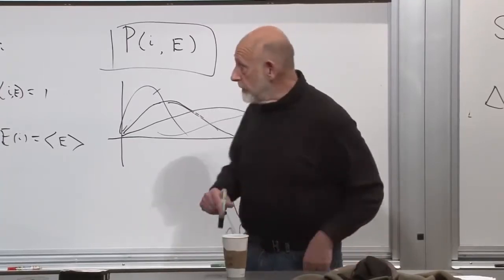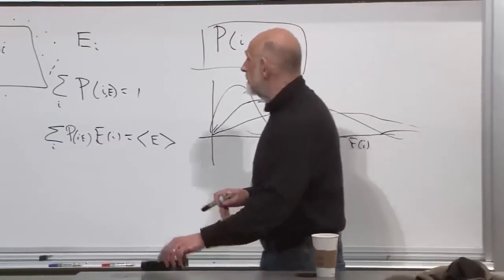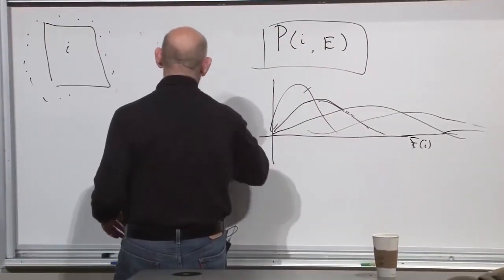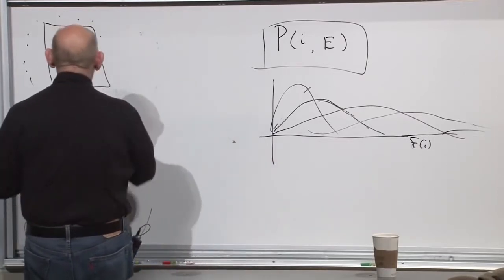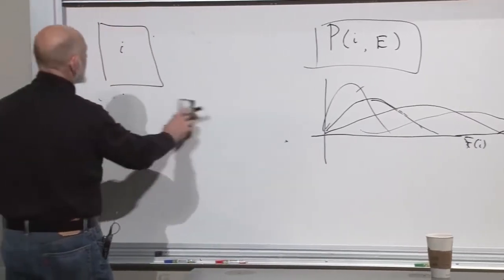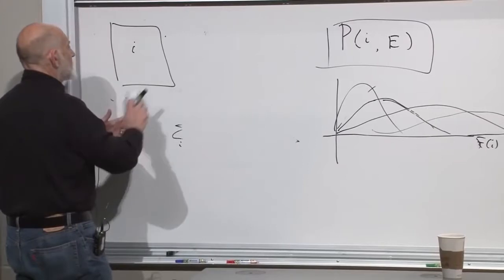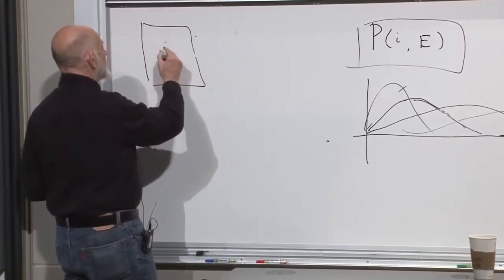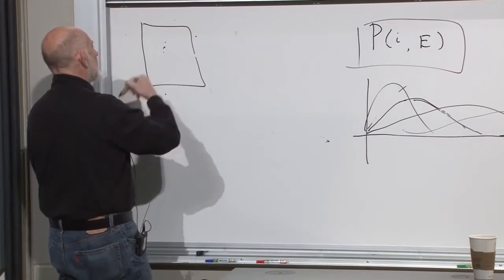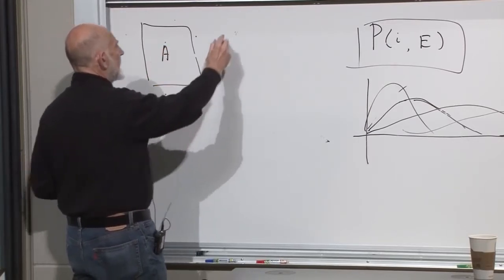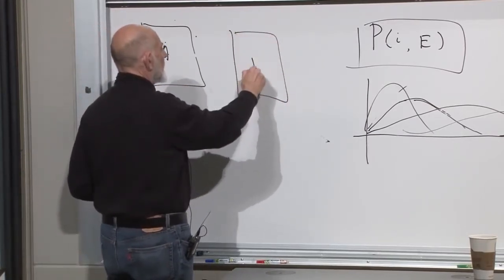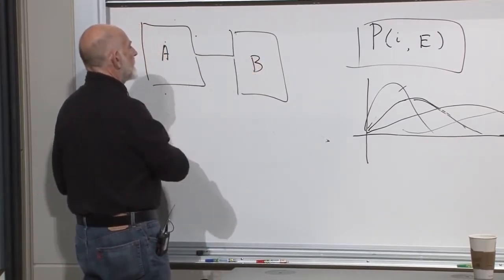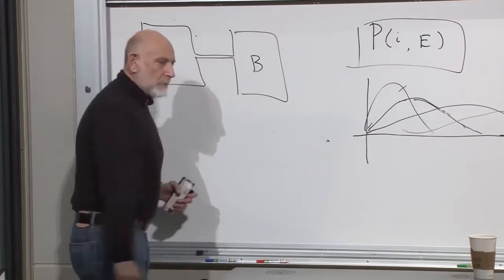If you have two systems, and for simplicity suppose the two systems are isolated, this is system A and system B, and they're connected by a thin pipe.